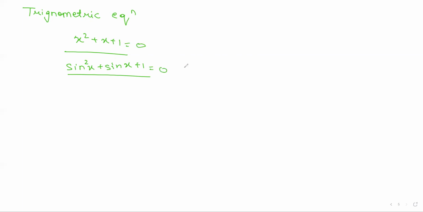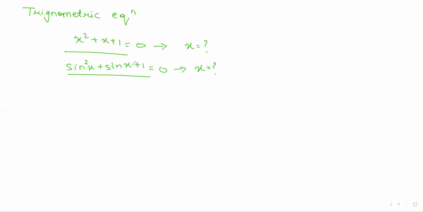So here you can have either a principal solution or a general solution. Now, when you say you want to find the solution of the original x squared plus x plus 1 equals 0 equation, you have to find the value of x. Here also, solution means finding the value of x. But your x is an angle of sine, and we know that sine can have the same value for multiple angles.